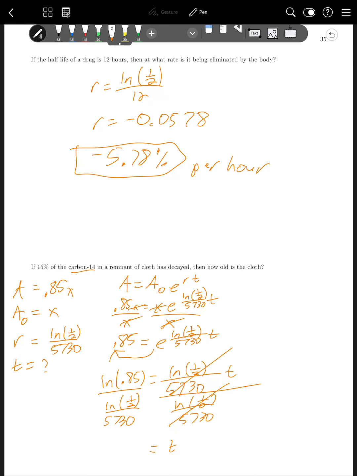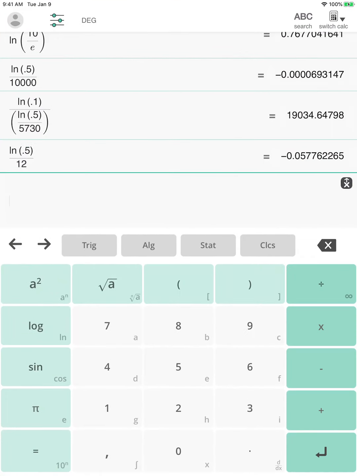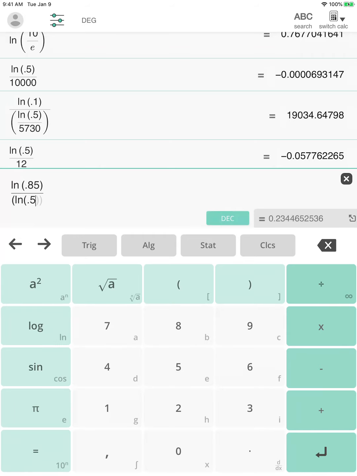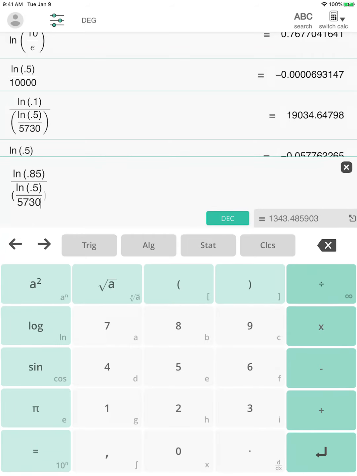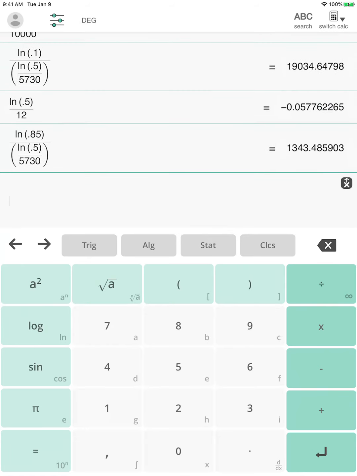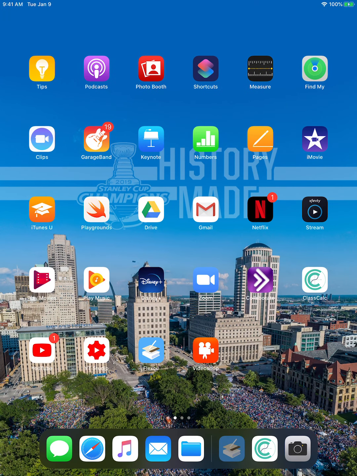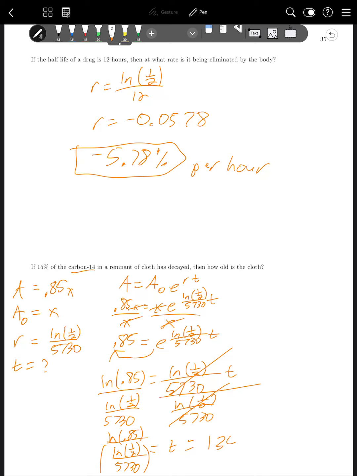So t equals the natural log of 0.85 over the natural log of 1/2 over 5,730. And we can plug that in our calculator. So 1,343 years. 1,343 years old. Okay. So that's the idea.